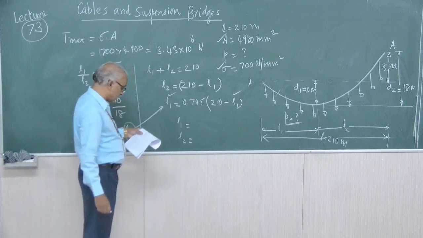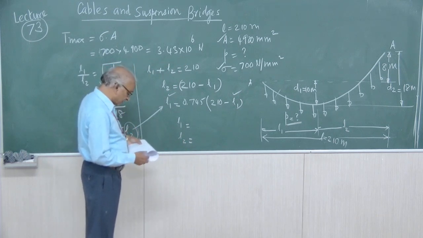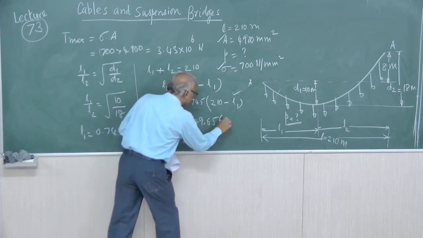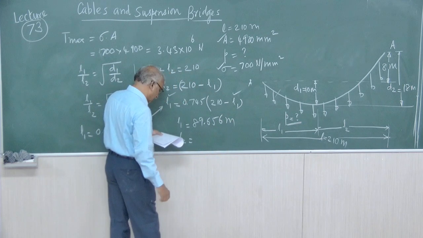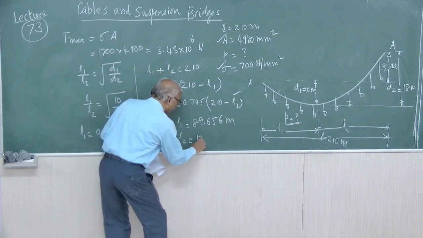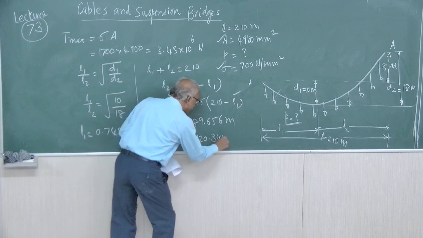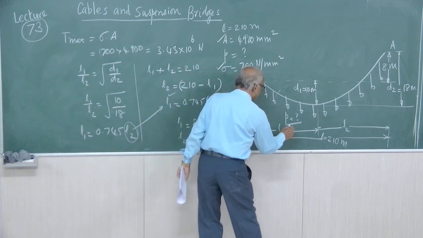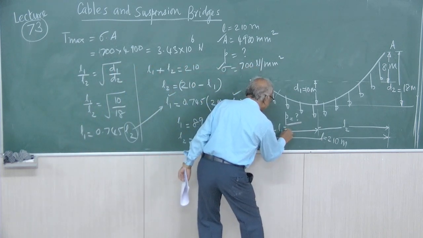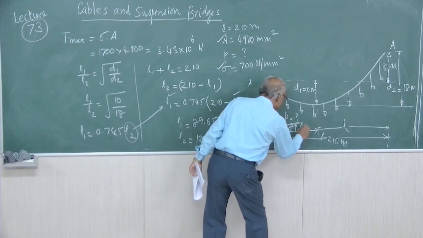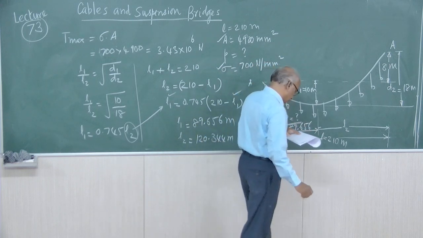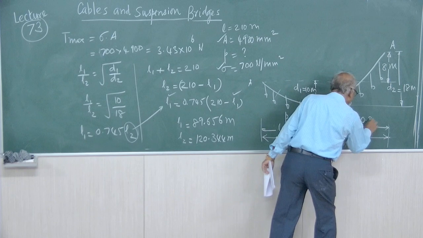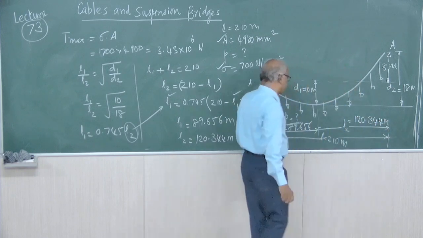There are two unknowns and two equations. So solving, we get L1 equal to 89.656 meters and L2 equal to 120.344 meters. That is about L1 and L2.